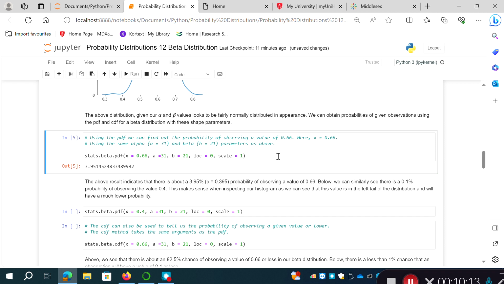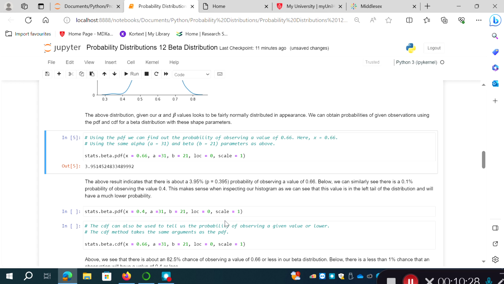So if we run that, we get a value of 3.95. That looks a little bit weird, but it's sort of indicating there's about a 4% chance of observing a value of 0.66, exactly that value.